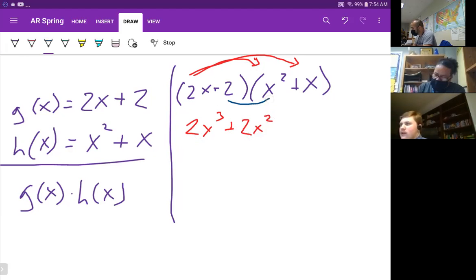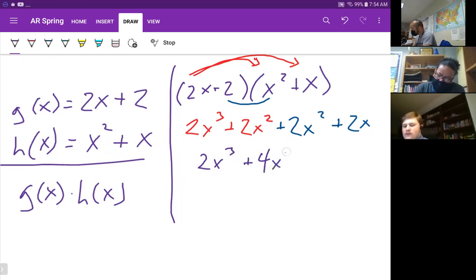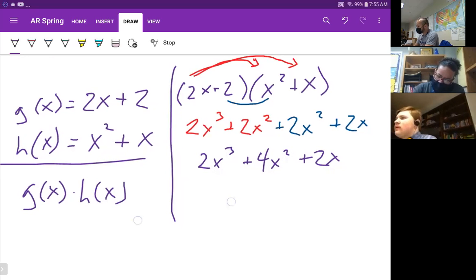Then you'll have negative 2x squared. Oh, that's gonna cancel out. No, that's a plus. That's another plus, sorry. Plus 2x. So for this one, the answer is 2x to the third plus 4x squared plus 2x. That's how these work.